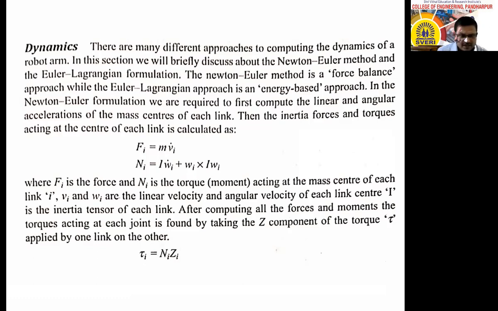Vi and omega or Wi are the linear velocity and angular velocity of each link center i. I is the inertia tensor of each link.